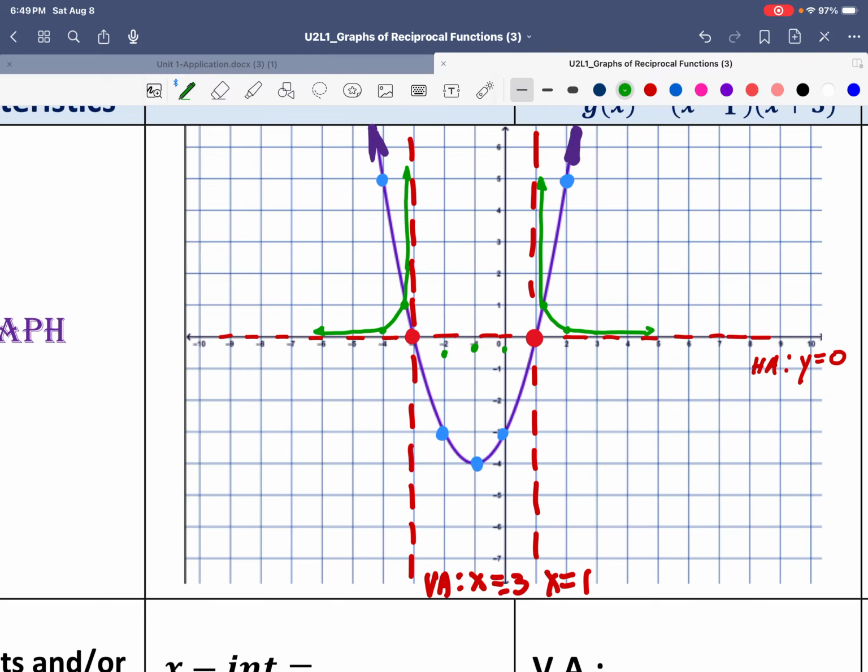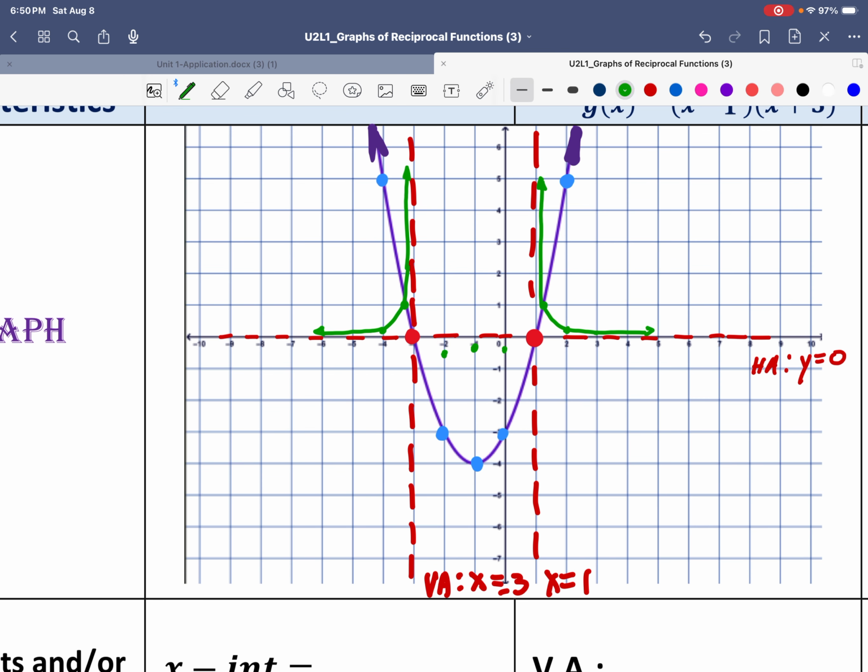And as the values of y here get very, very close to 0, but remember that we are in the negative y values, so the y values will get 0 negatives, meaning -0.0001. So as they get very close to 0, the reciprocal of a negative number close to 0 will be -infinity.